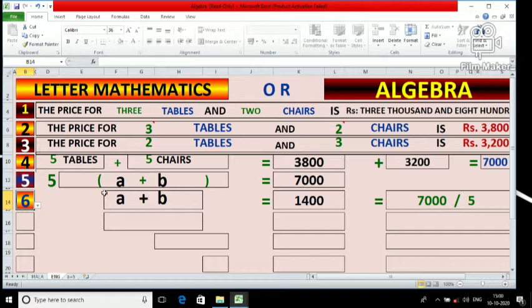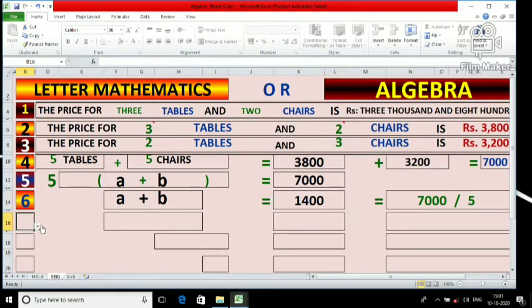If 5a plus b is equal to 7,000, a plus b is equal to 7,000 divided by 5, which means 1,400 rupees. So, a table and a chair cost rupees 1,400.